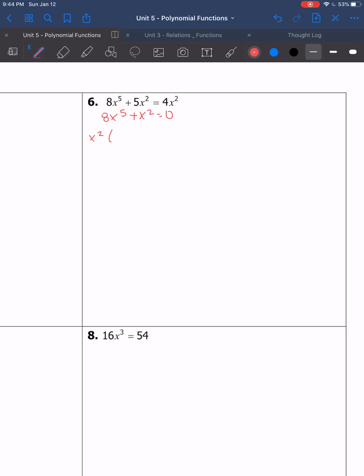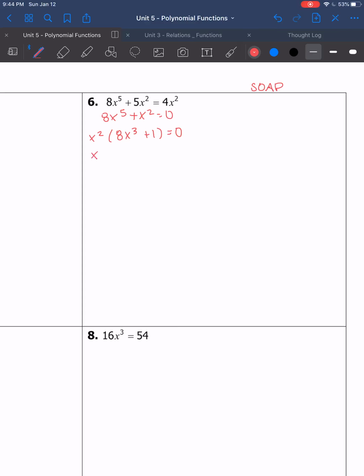And then I'm left with 8x cubed plus 1 equals 0. If you don't remember, this is a sum of cubes, which factors with the SOAP formula. So SOAP is our favorite thing to use, right? Same, opposite, always positive.